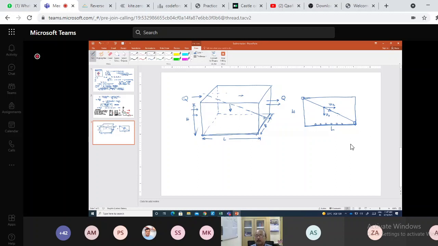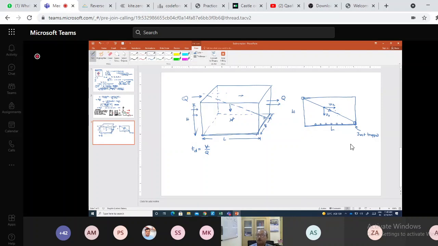And this particle is considered to be just trapped in our treatment tank. Let's say the volume is such that the time of detention within this tank is V by Q. So let us consider that the volume of the tank is V, and the time of detention is V by Q.